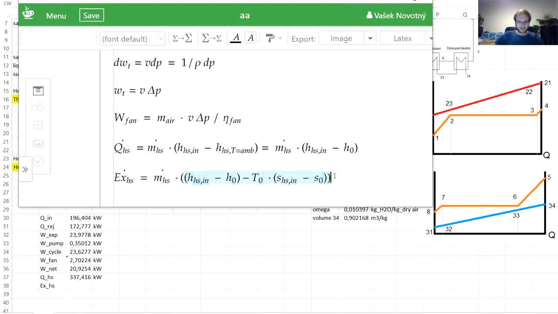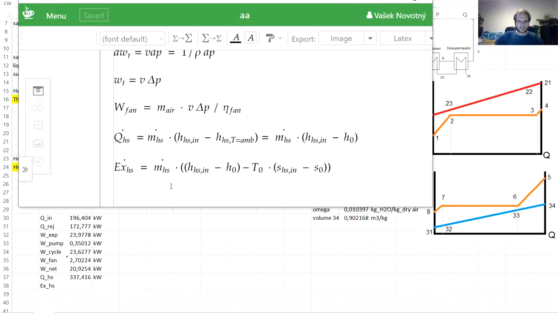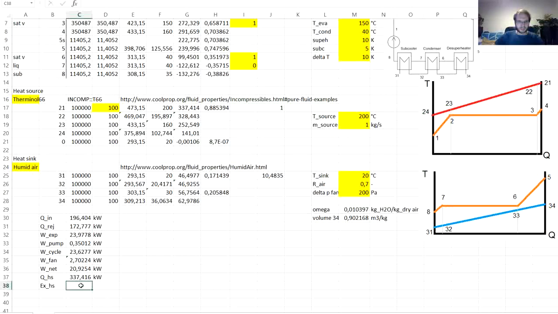So what is within the brackets is the unit exergy, again in kilojoules per kilogram, and when we multiply it by the mass flow rate of the stream for which we express the exergy, we get the absolute exergy content in kilowatts. So let's get the exergy of the heat source stream in here.